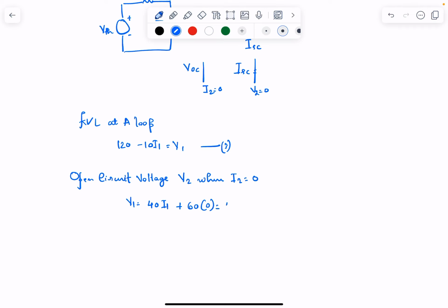So how much is it? 40I1. Let this be equation 4. Similarly, V2 is equal to 60I1. This is equation 5.